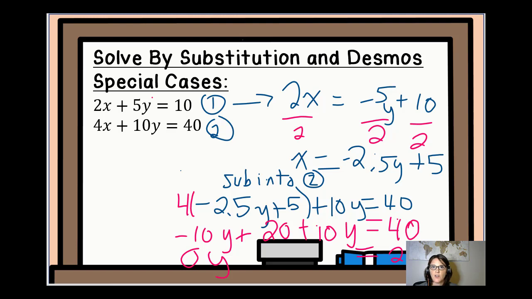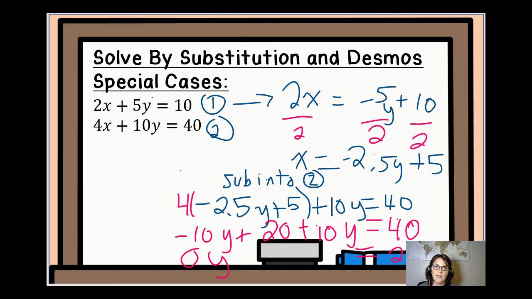Also, if you look at the original equations, we have 2x plus 5y equals 10 and 4x plus 10y equals 40. We can see that they're actually multiples of one another. When that does happen, we're going to have parallel lines. Okay, so we can check with Desmos. We can plug in the equations and you will get double lines.